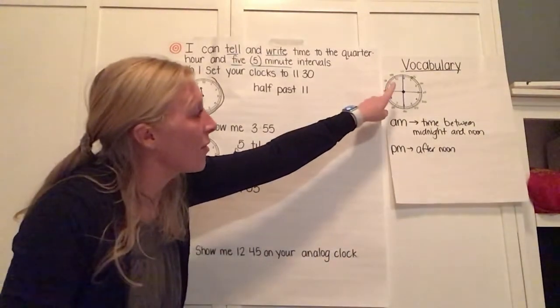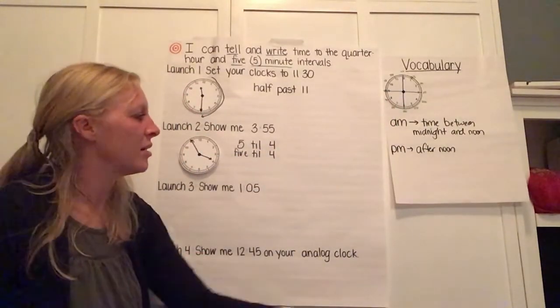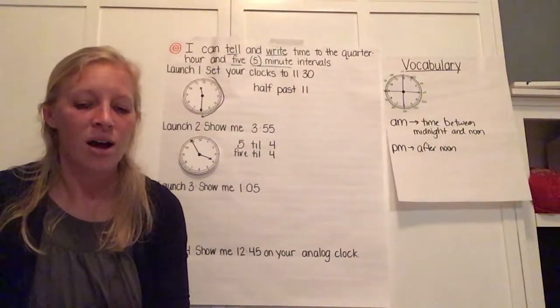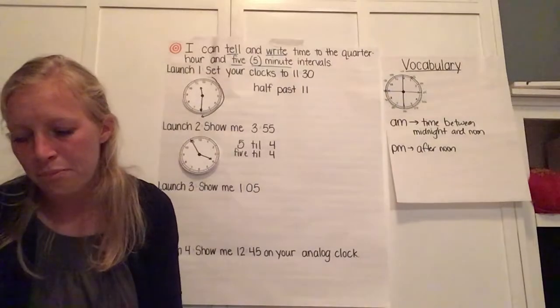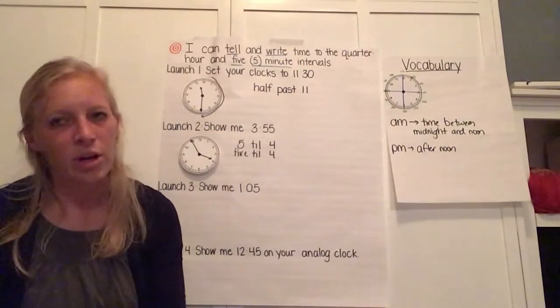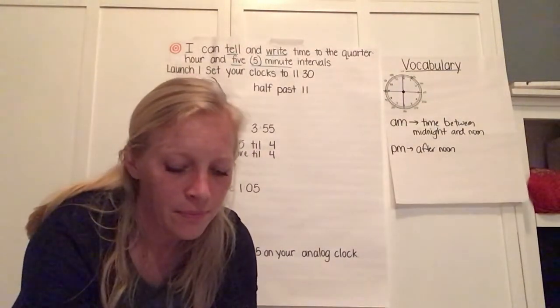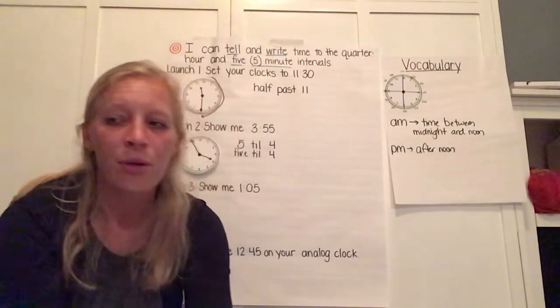So we might have our 5, 10, 15. There's 0 tens in that. How would that look on your analog clocks? Show me 1:05. Where will your minute hand go? Where will your hour hand go?